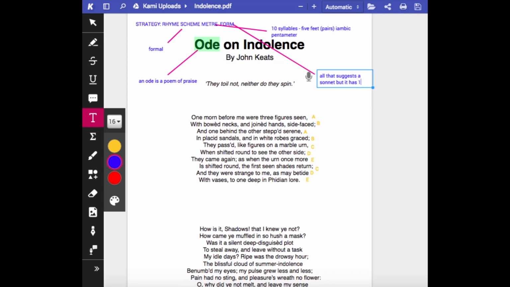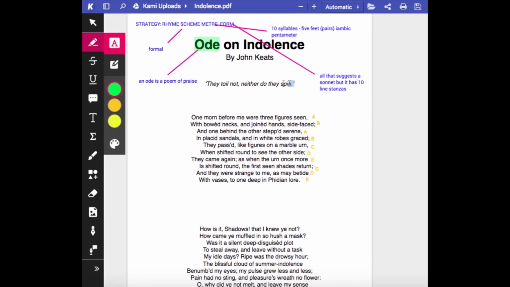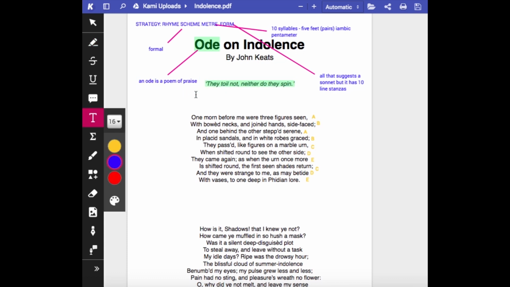But the form of the stanzas in the odes is like a sonnet, but only 10-line stanzas and more than one stanza. So he's picked up a formal rhyme scheme and a formal style and adapted it to his requirements for an ode. And an ode often is a longer poem than 14 lines.